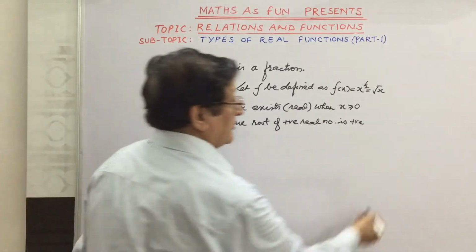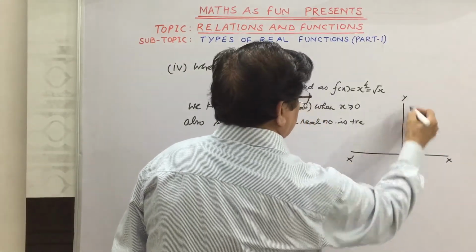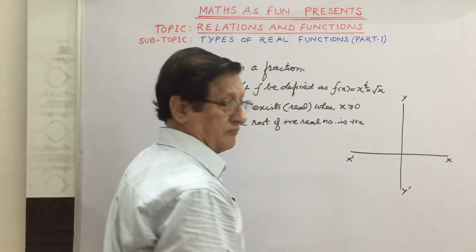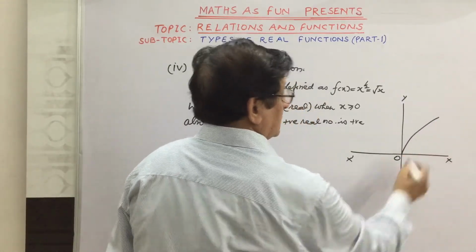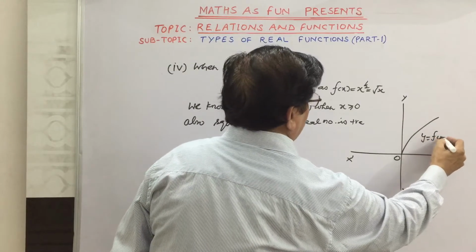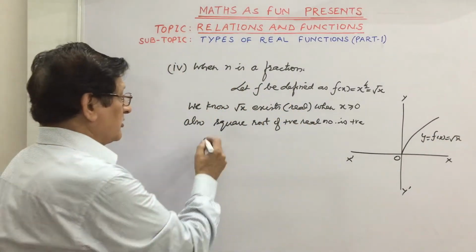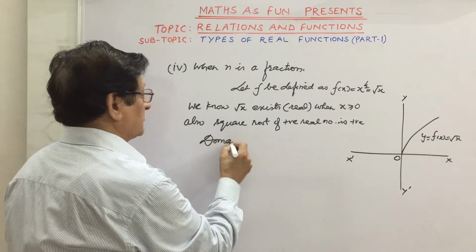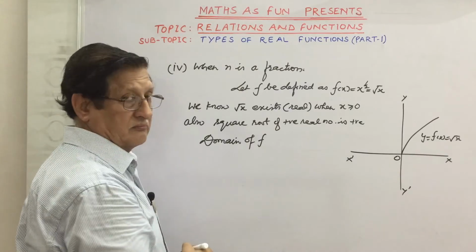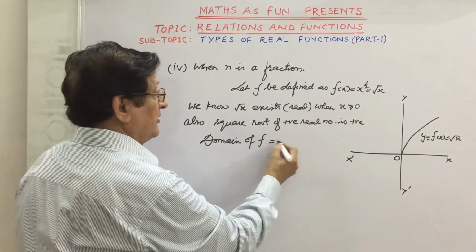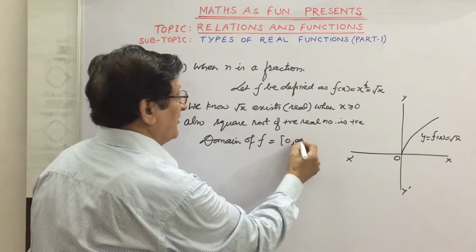If we draw the graph of it, we find the graph goes like this. This is the graph for y = f(x) = root x. When we talk about the domain of f, we have seen it is greater than or equal to 0, that is 0 to infinity.